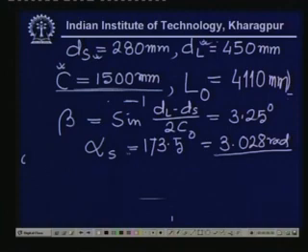For a leather belt, you can take the coefficient of friction to be around 0.4.